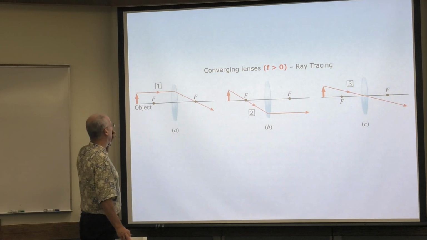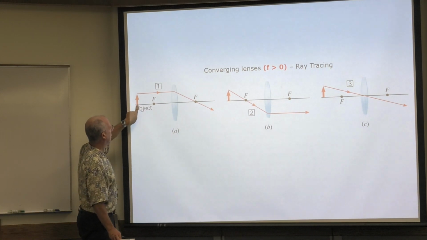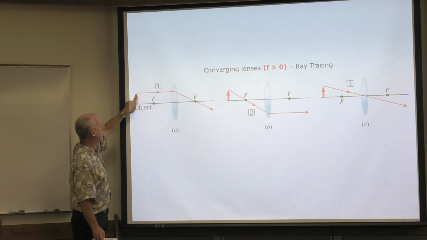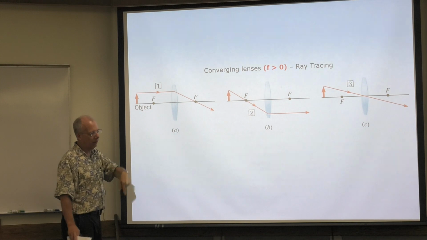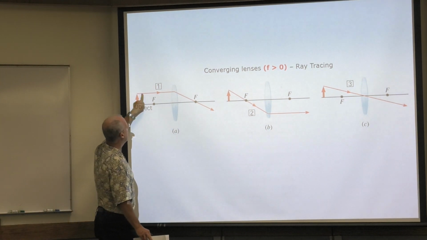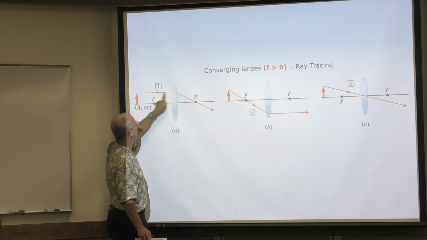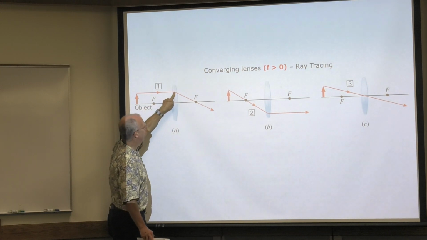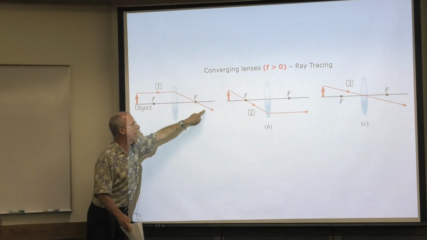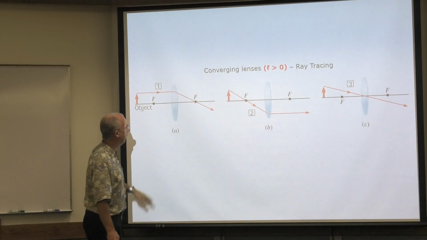So here's the first one. Here's the object. You usually draw the object up, or it's called upright. So the first ray you want to draw goes parallel in, parallel to the axis, and then out through the focal point. I just always call that parallel in, focal out. We're going to see it again.